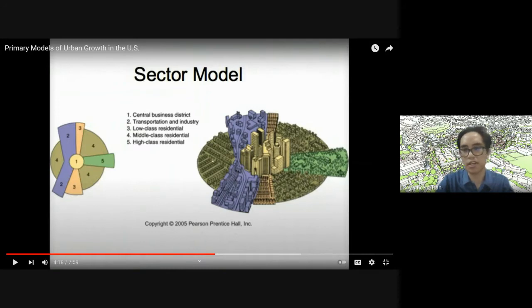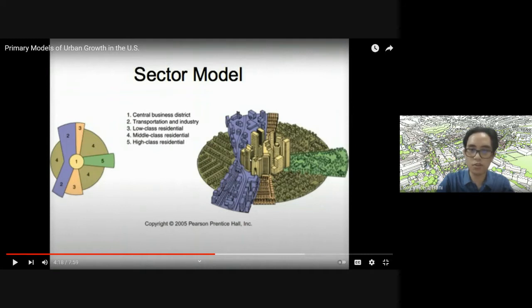So this is more randomized, and the patterns are heavily based on the geography of the city, as well as different socioeconomic factors, like maybe this land has some history, that's why it's becoming medium income.